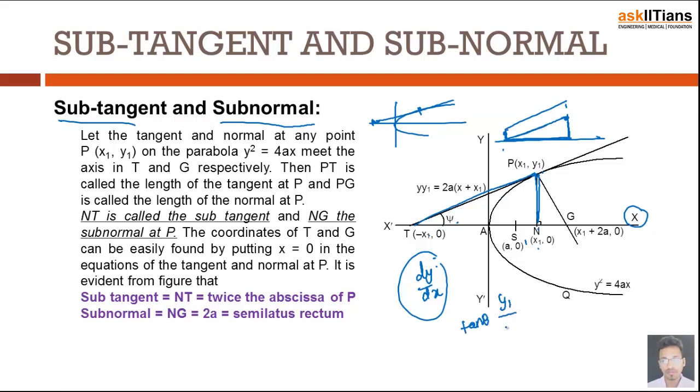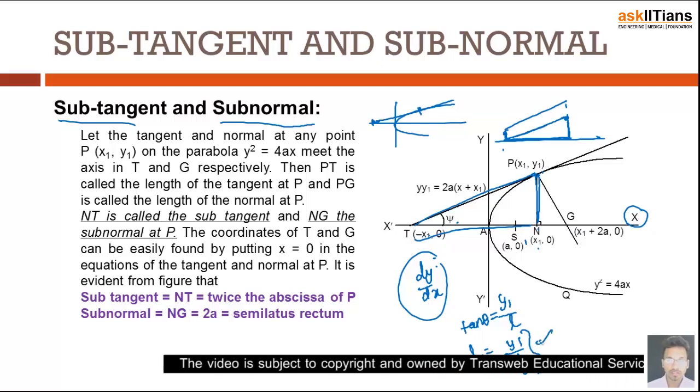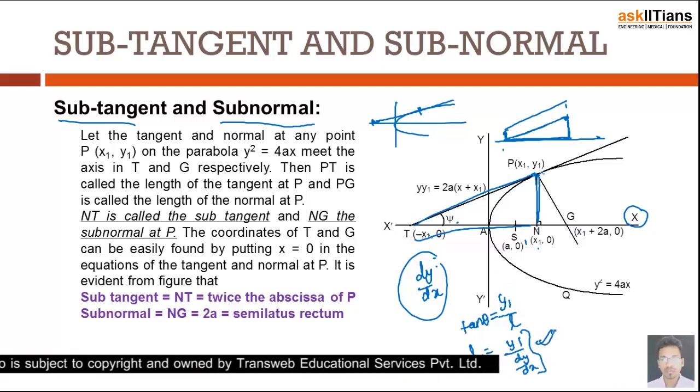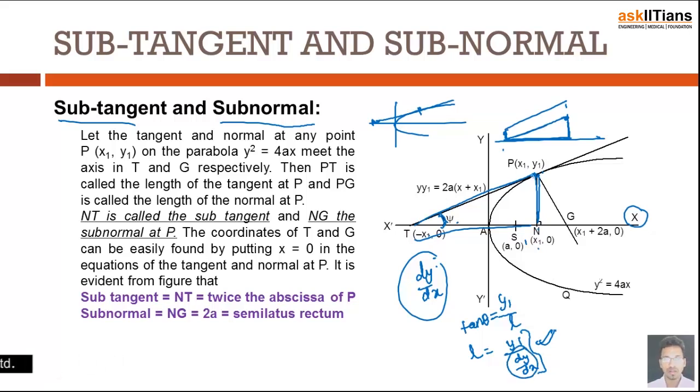Tan theta will be y1 upon the subtangent length, so the length will be y1 over dy by dx. This theta is nothing but dy by dx of the tangent at this point y1. Accordingly we can find it in any of the ways according to the question.